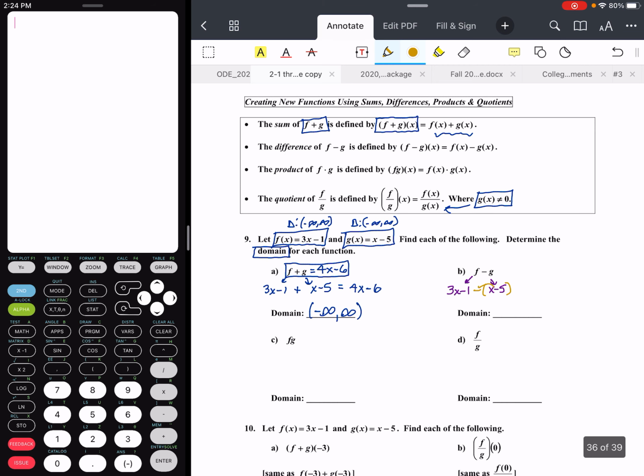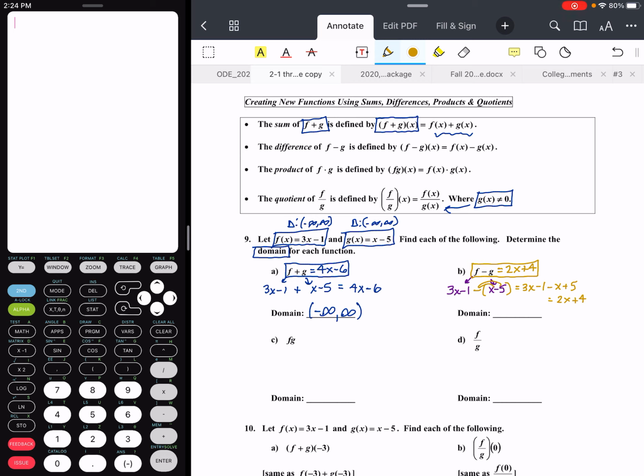So distributing that negative sign, now I have 3x minus 1 minus x and plus 5. And now that we've changed those signs, combining like terms, 3x minus x is 2x, negative 1 plus 5 is plus 4. So f minus g equals 2x plus 4.